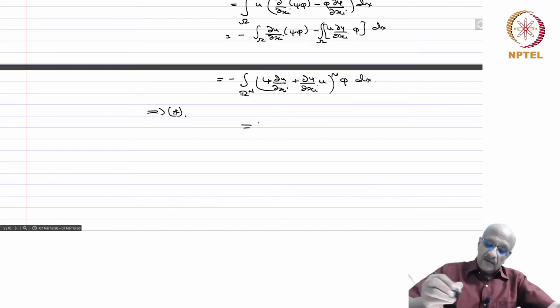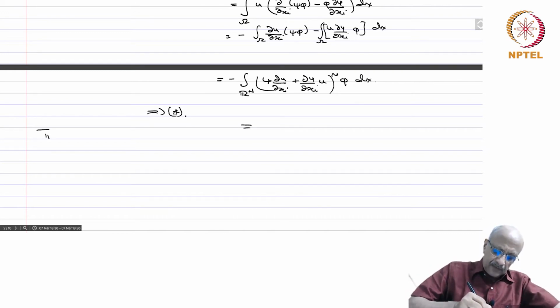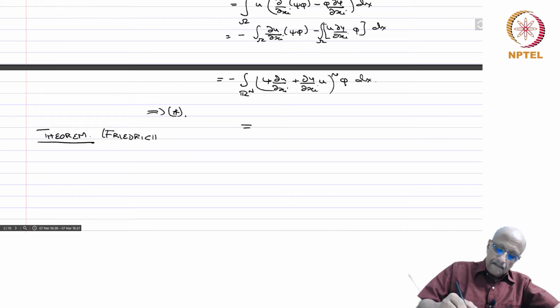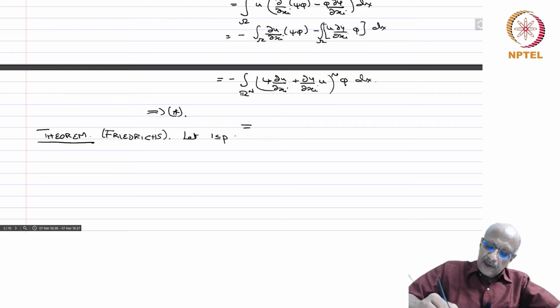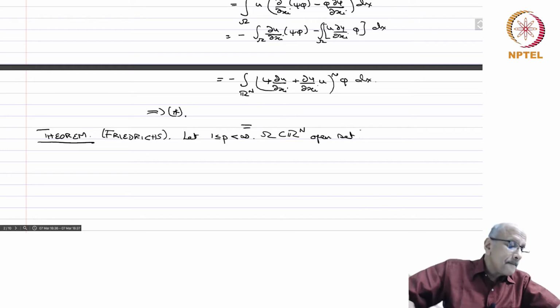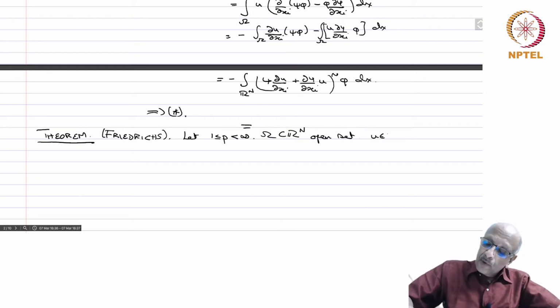Now we have the theorem of Friedrichs. Let 1 less than or equal to p strictly less than infinity, omega in R^n an open set, and u in W^{1,p}(omega).